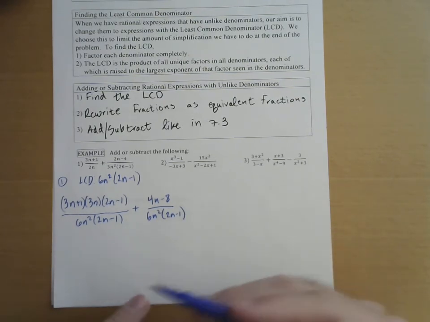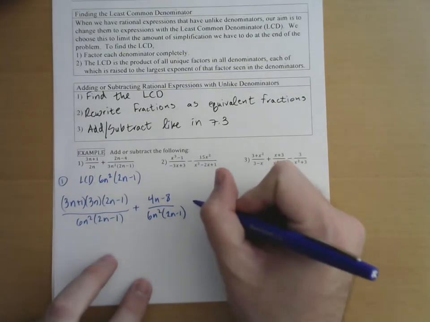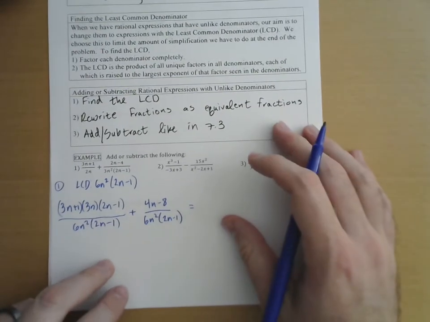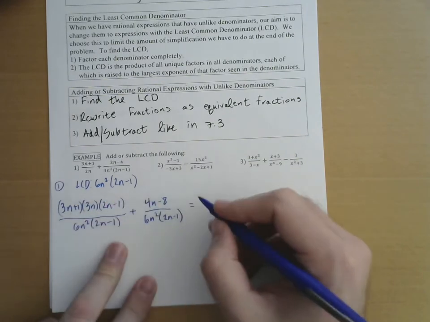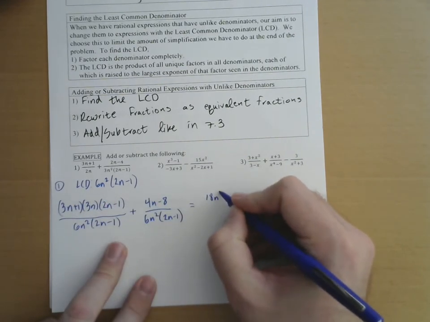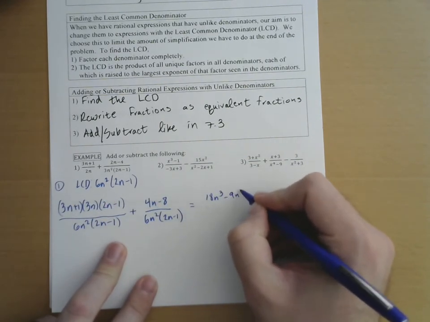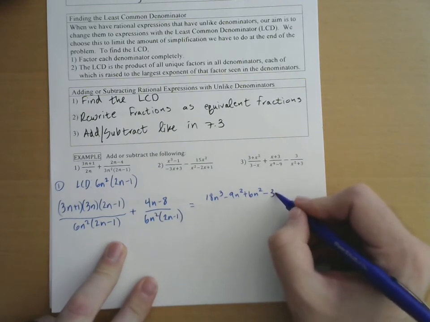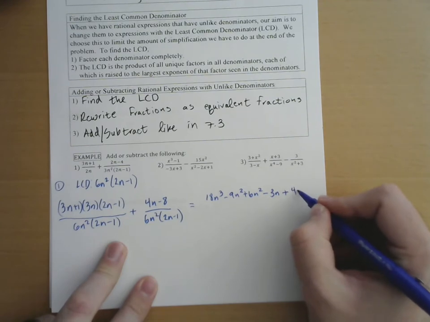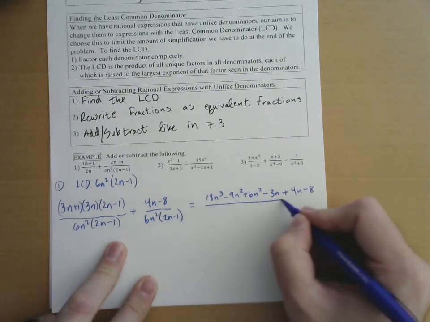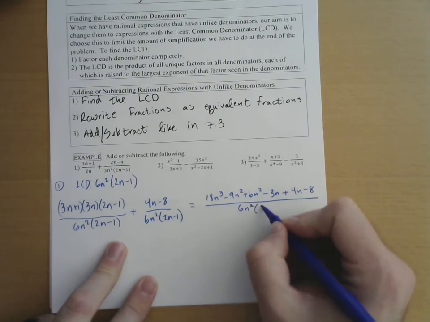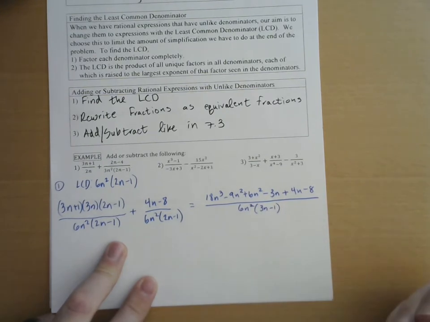So now we have to simplify and add. The first thing I do is just simplify everything on top and then add it together. Distributing all this, we get 18n cubed minus 9n squared plus 6n squared minus 3n plus the 4n minus 8, and I can write this all over 6n squared times 2n minus 1.